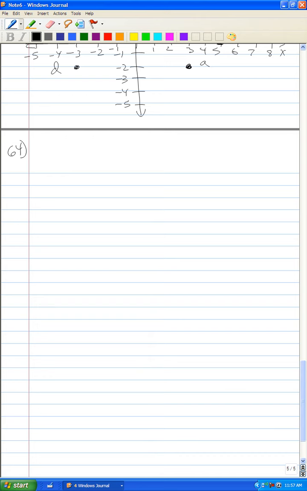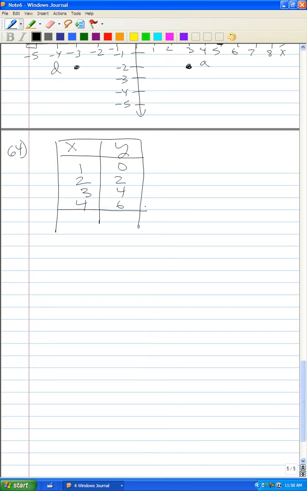So I have here an ordered pair. And I want to see, well, what's the relationship between all of these numbers? 1, 0, 2, 2, 3, 4, 4, 6. So how is x related to y?